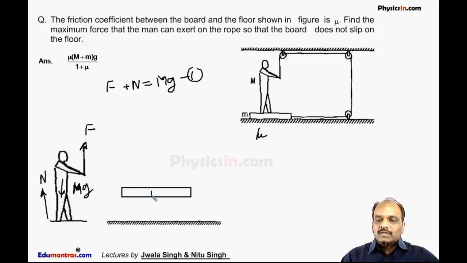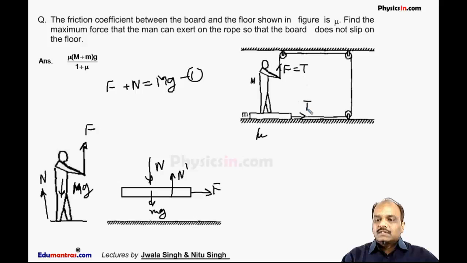Now for this board, we can say the weight of this board is mg, which is acting downward. The normal reaction from here is acting downward. The normal reaction here is N dash. Now this force is F, because if this person is pulling by applying a force F, this is also the tension in the string.